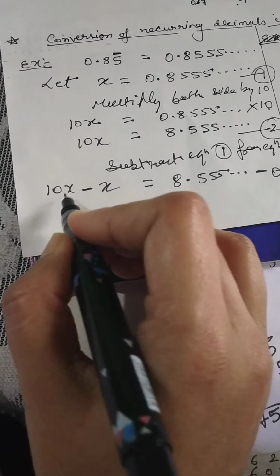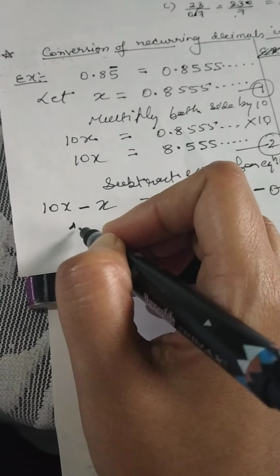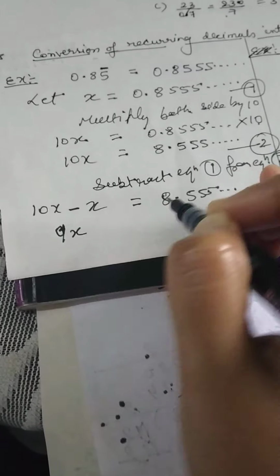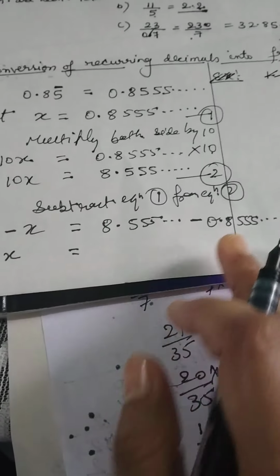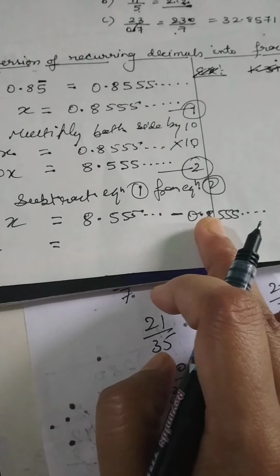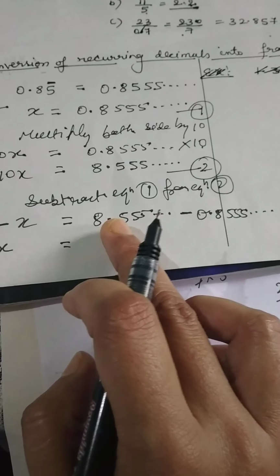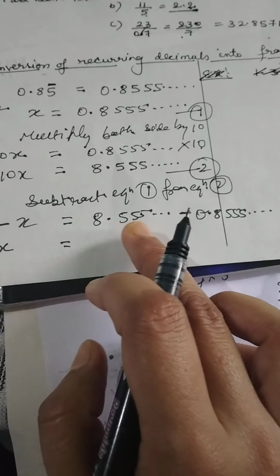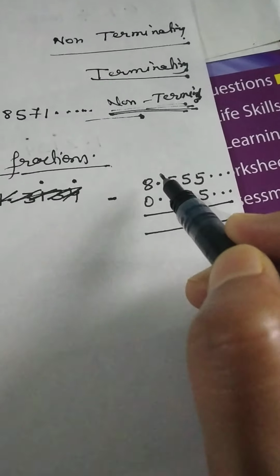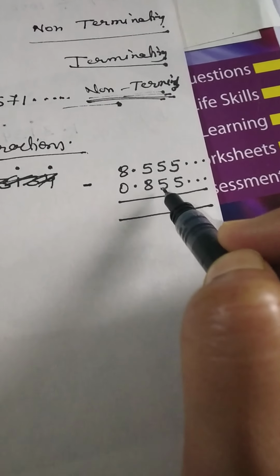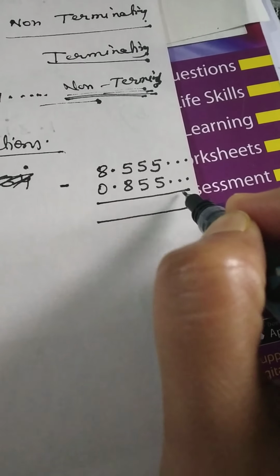Now subtract it. 10x minus x will get here 9x. Okay. Now we have to subtract 0.8555 from 8.555. So this dot shows that 5 is repeating, so this will be 0 0 0 only, all will get cancelled. 5 minus 5 will be 0.